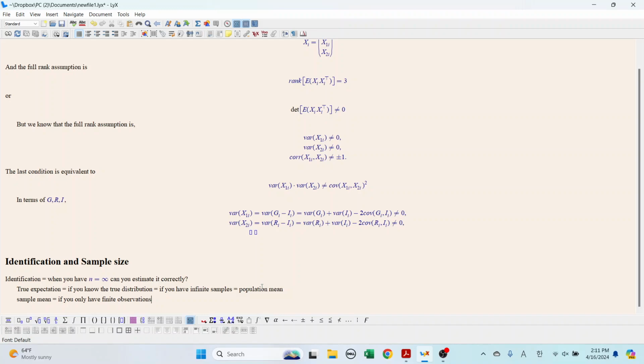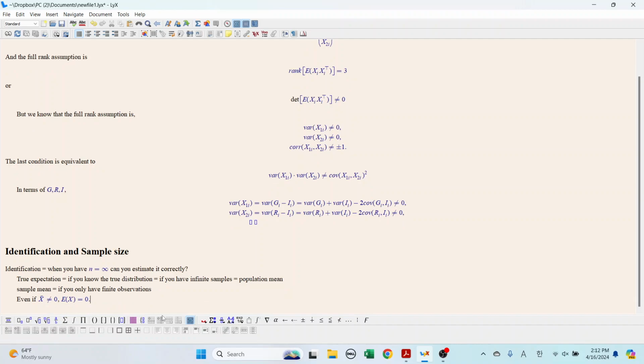Always keep that in mind. Even if the sample mean of R is not 0, the true mean could be 0. A sample mean not equal to 0 does not imply whether the true mean is 0 or not. In your argument, you have to use true population expectations everywhere.